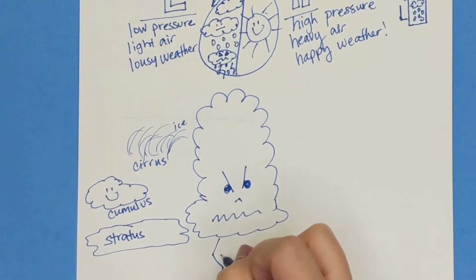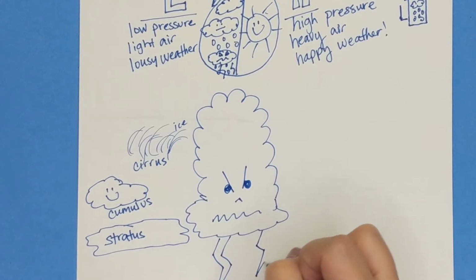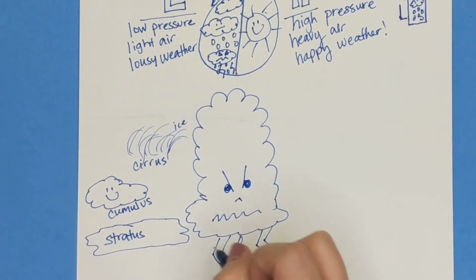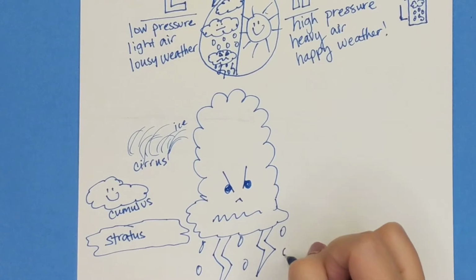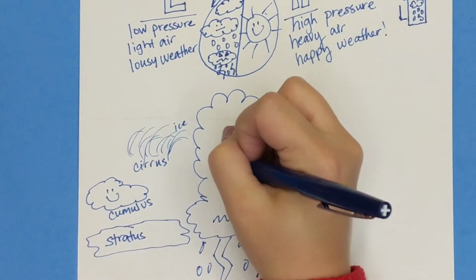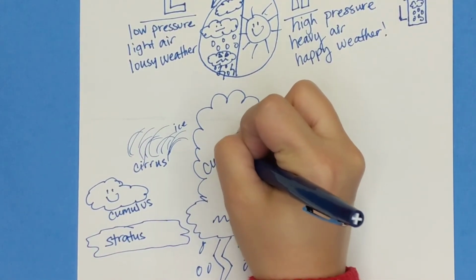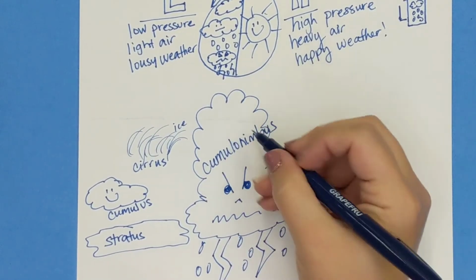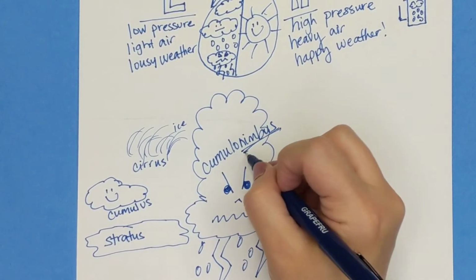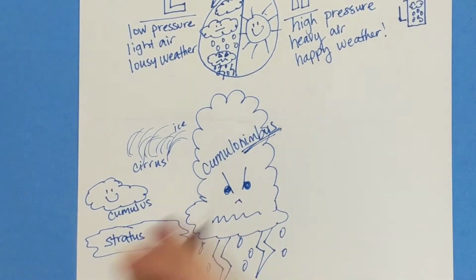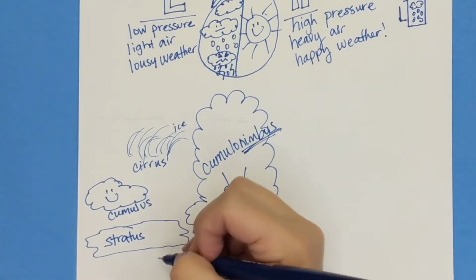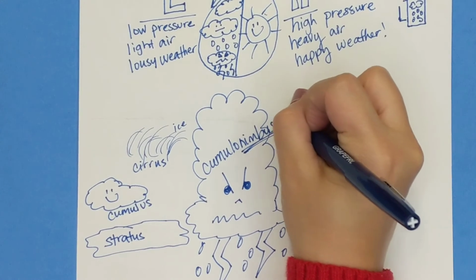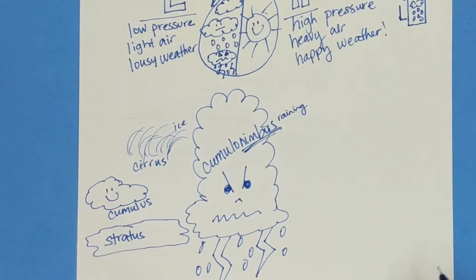So we have thunderstorms, thunder, lightning, heavy rain when the cumulonimbus is out. Cumulonimbus. And remember that word, nimbus, when it's attached to a cloud name, that means that it's actually raining. All right?